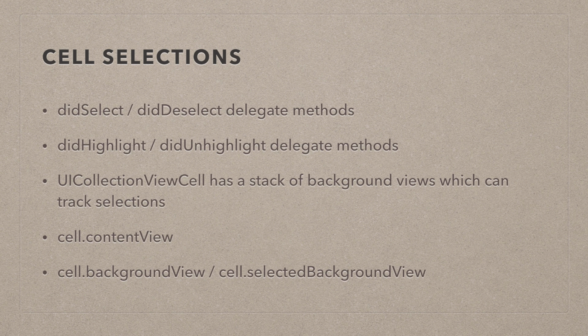Then if somebody selects a cell, the background view will be swapped out into the selected background view, and if somebody unselects the cell, the selected background view gets hidden again and the background view gets shown again, and all that happens underneath the content view. So that's one of those things. I will explain how this works.